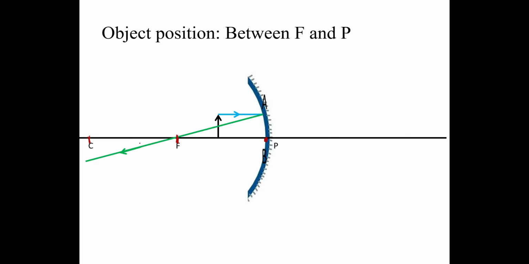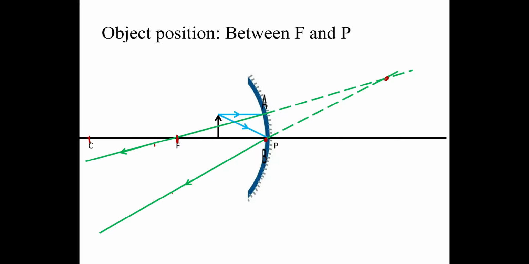Now I have used rule 4 again. So incident ray, then it reflects obliquely by making the same angle. So here you can see your reflected rays are diverging. So we know that diverging rays never meet. So what we have to do? We will extend this reflected ray. Then we can see that the reflected rays are diverging from this point.